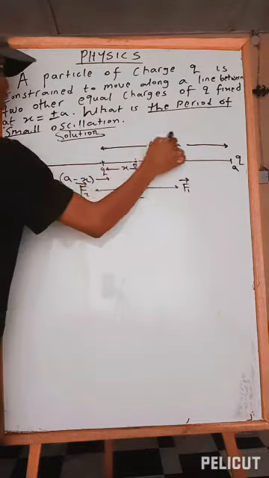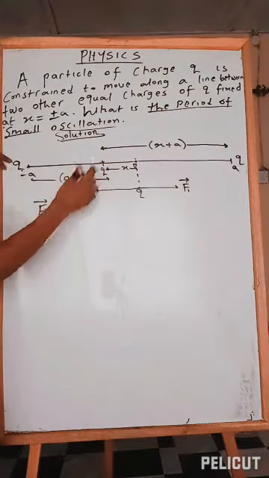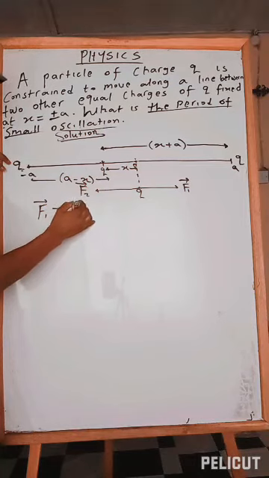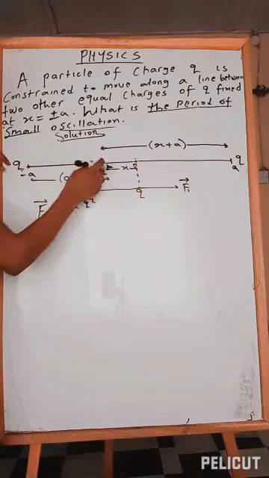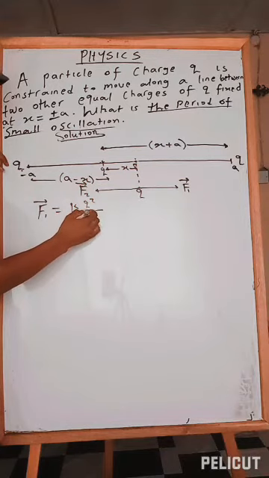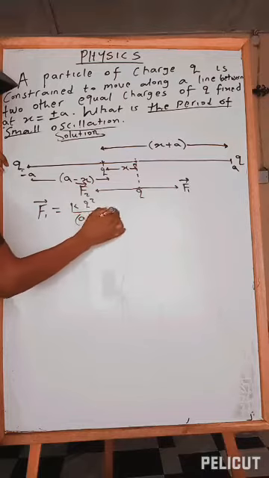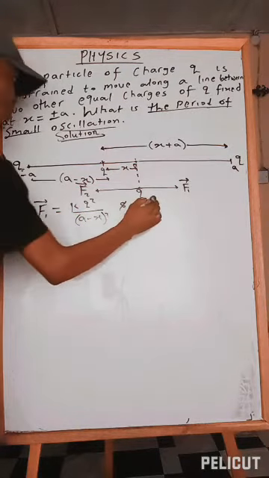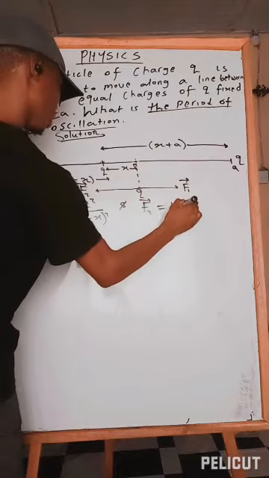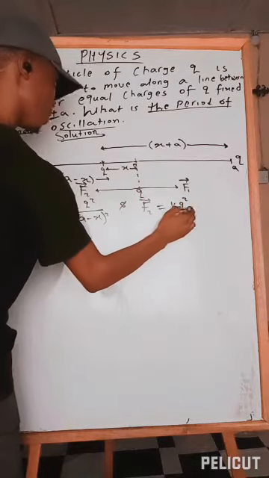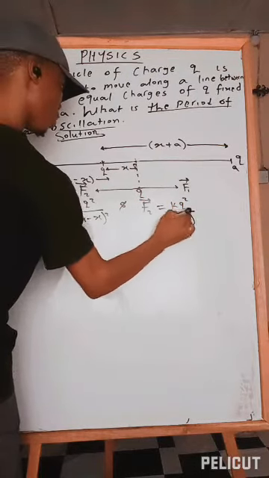So F1 is going to be K, a constant, times Q times Q, so KQ squared, divided by (A minus X) all squared. And we are going to have our F2 to be KQ squared divided by (X plus A) squared.